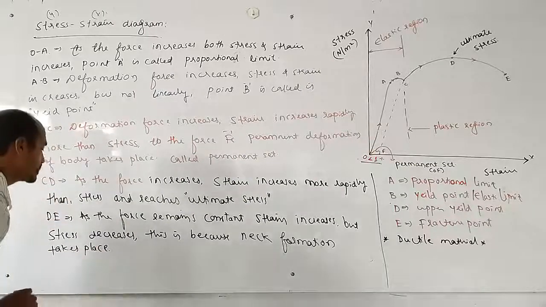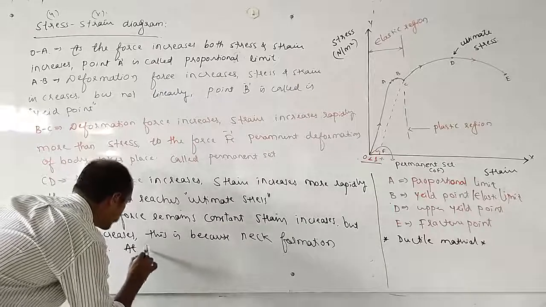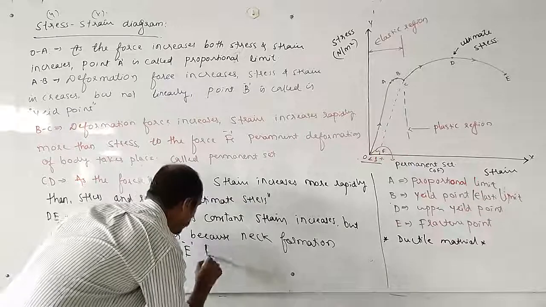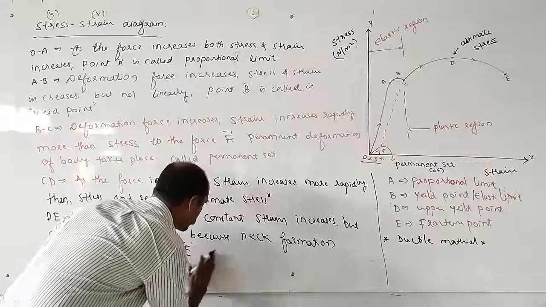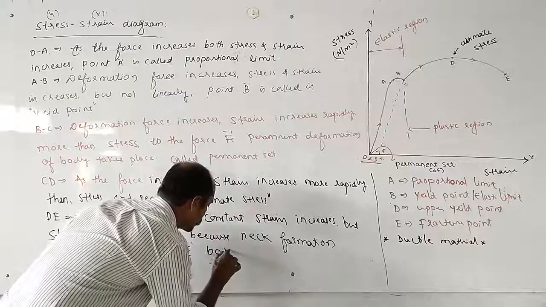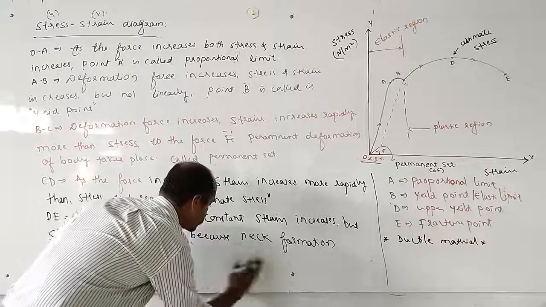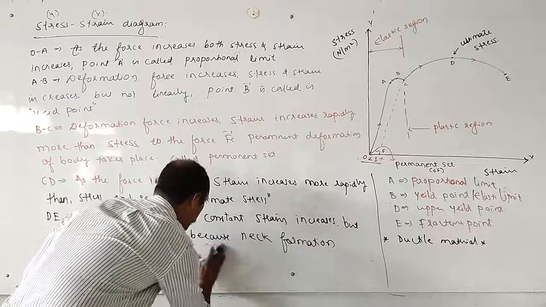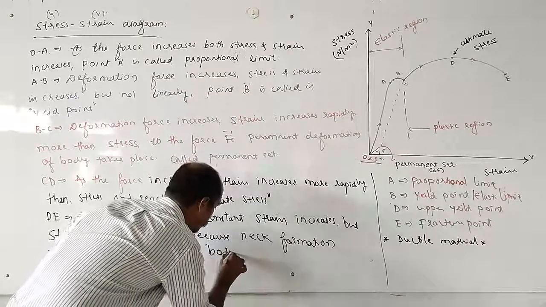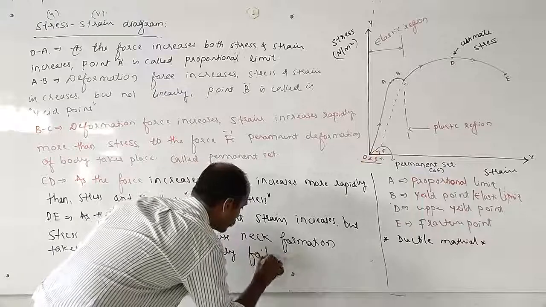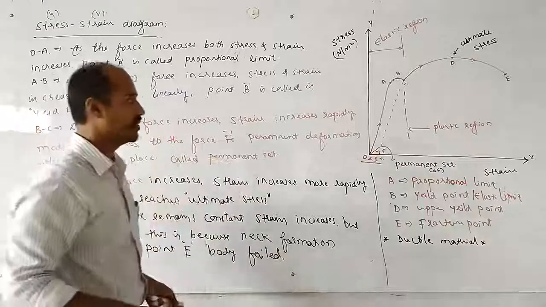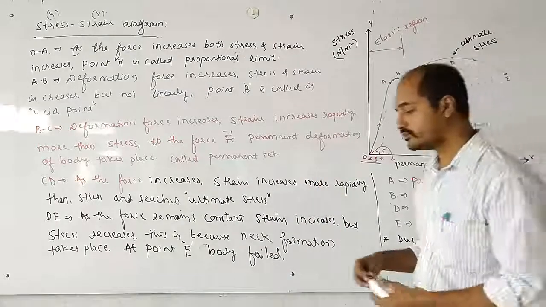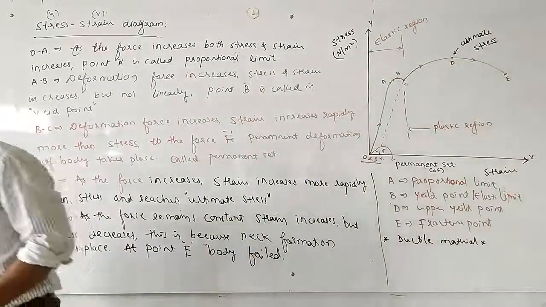Neck formation takes place, and at point E the body fractures, the body gets failed. Failed means what? It breaks. The body breaks. Right? So this is regarding the stress strain diagram.